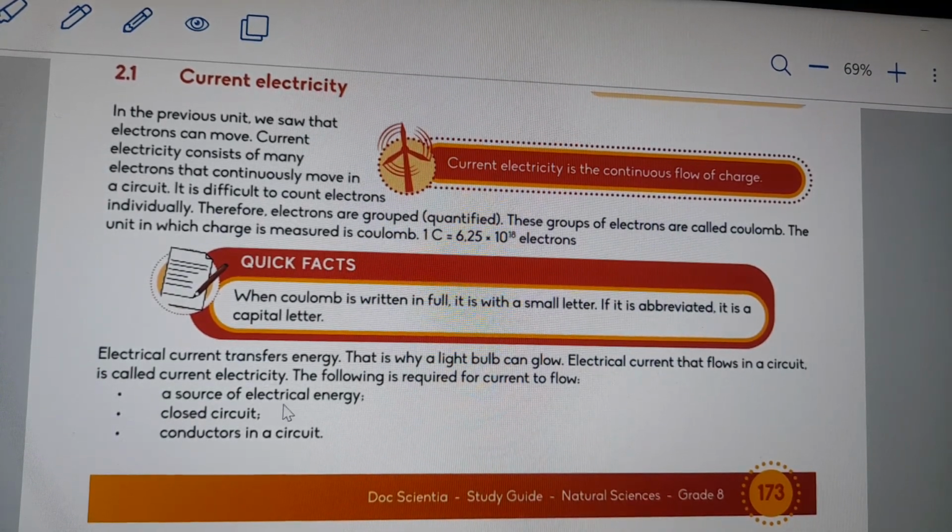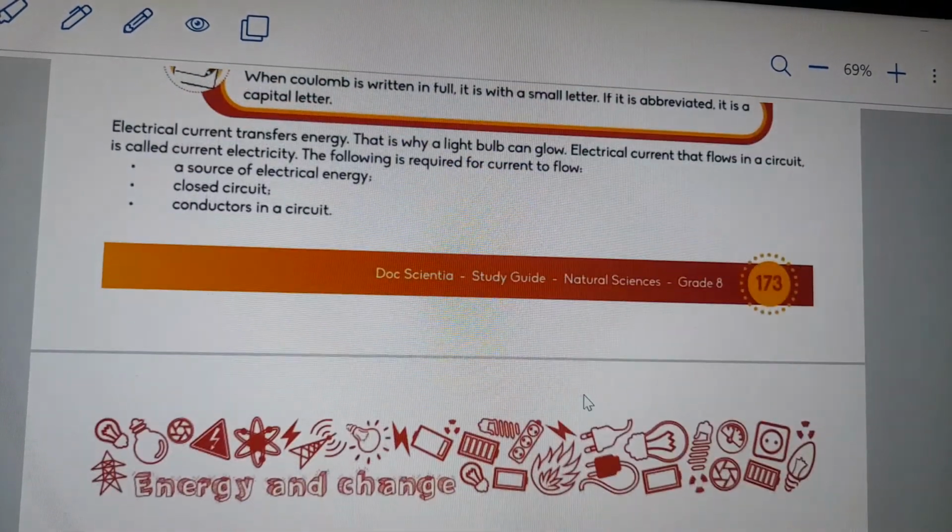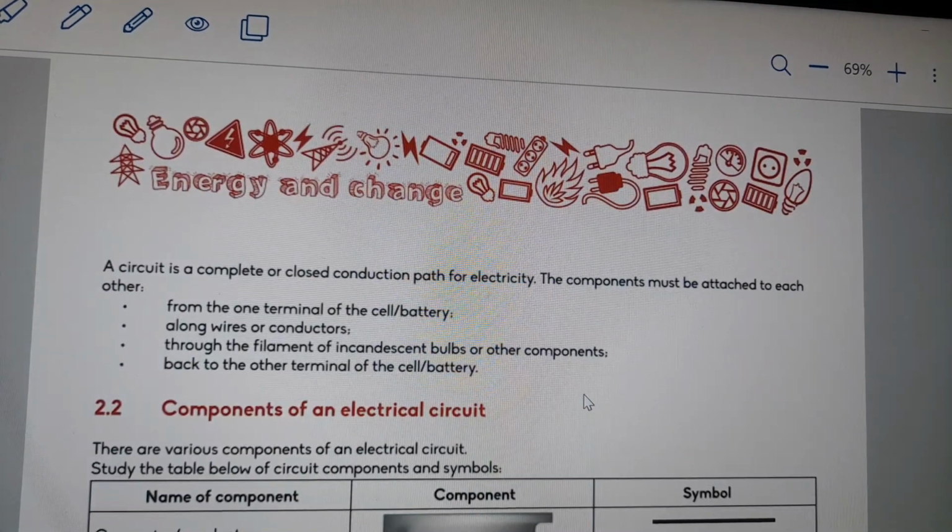We must have a source of electrical energy, the circuit must be closed, and we must have conductors in a circuit. Very important to know the 3 things that we need for current to flow, on page 173.